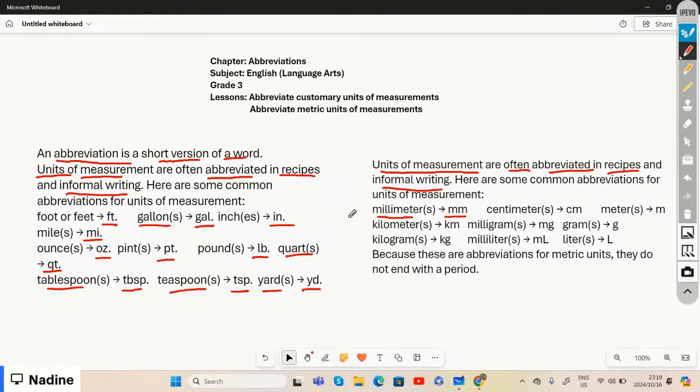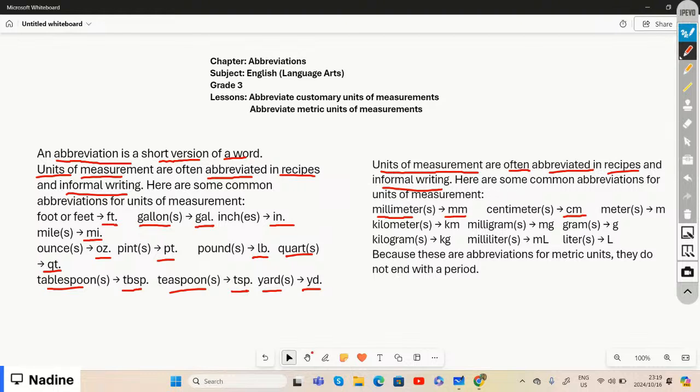Yes, 1 teaspoon of something. Then we have centimeters, cm.